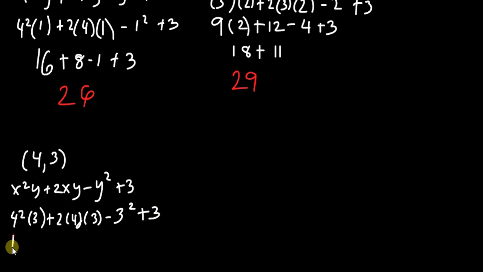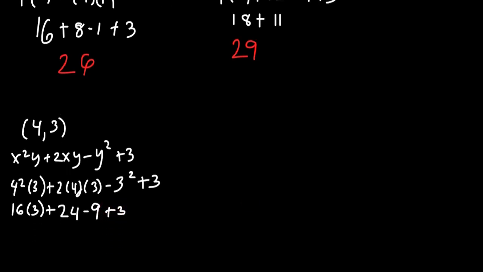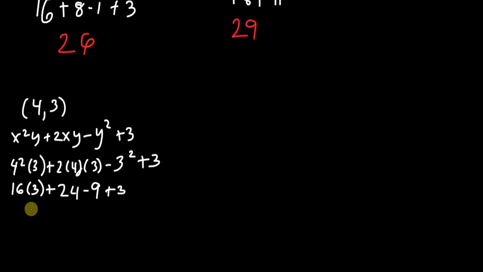4 times 4, 16. Times 3, plus 2 times 4, 8. And 8 times 3, that is 24. Minus 3 times 3, 9. Plus 3. So what is 16 times 3?